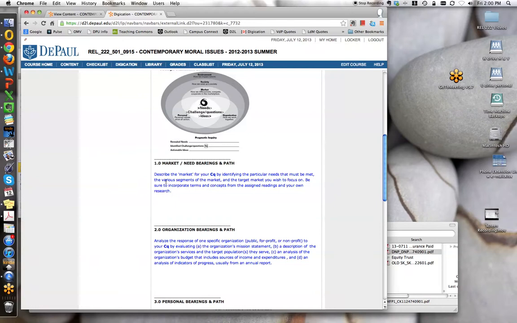The second task right here is to begin to segment your market. By segmenting, I mean dividing it into different subsets. And you could do this demographically. You could do it by race, socioeconomic status, culture, language, age groups. You could also do it regionally.